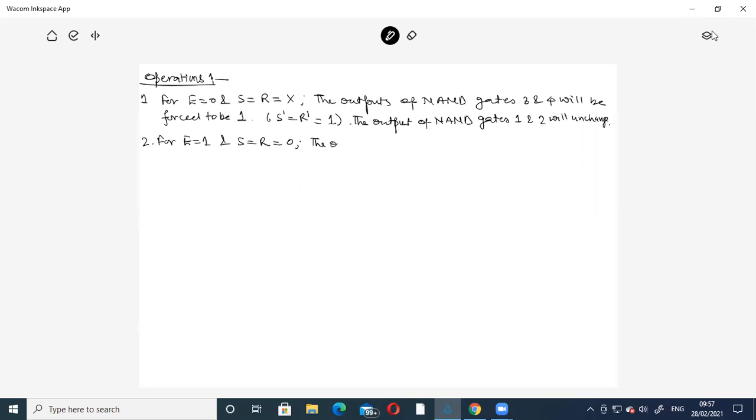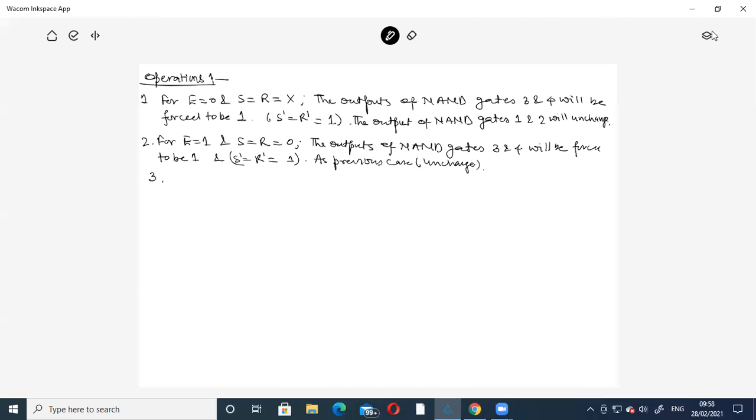The output of NAND gates 3 and 4 will be forced to be 1, and S dash is equal to R dash is equal to 1, the same as previous case. That is unchanged. No change.